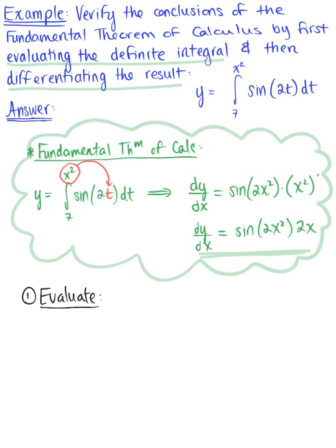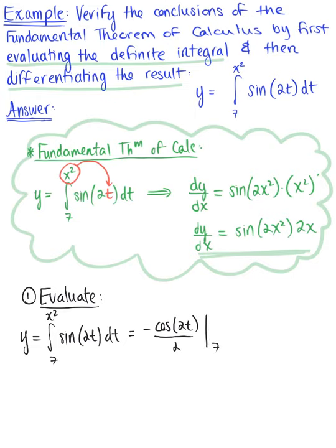So we have, again, y is equal to the definite integral from 7 to x squared of sine of 2t dt. This integrates to minus cosine of 2t divided by 2, which we can now evaluate from 7 to x squared.